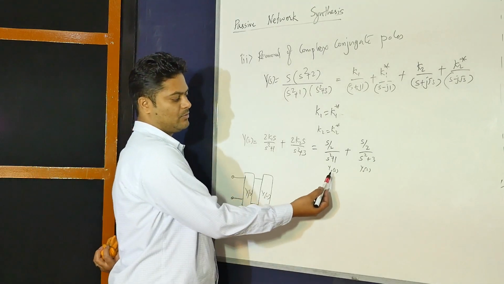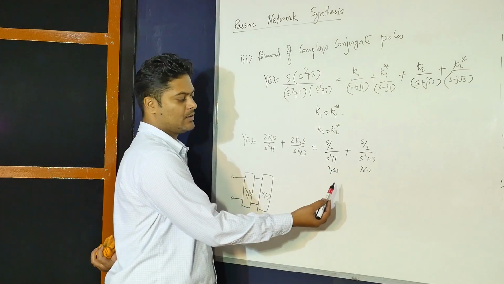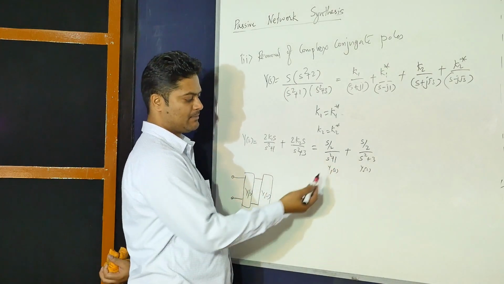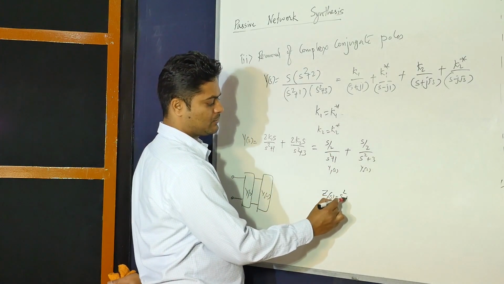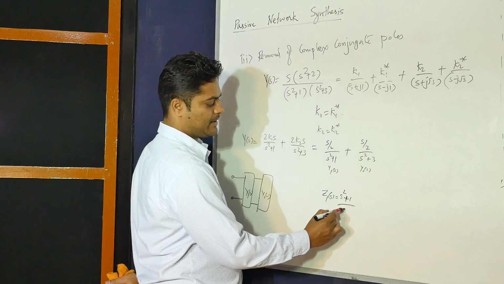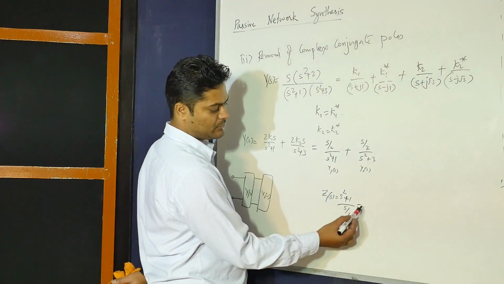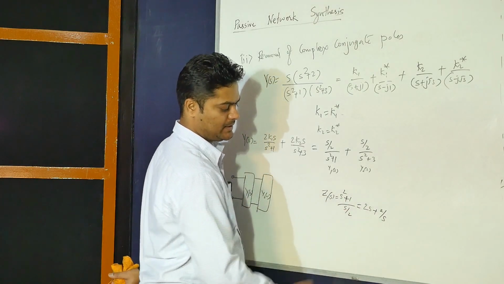As we know, Y1 of s is s by 2 divided by s square plus 1. In Y1 the denominator is of greater degree than the numerator, so I can convert it into Z1. Z1 of s is s square plus 1 divided by s by 2. So s square divided by s by 2 is 2s, plus 2 by s, right?